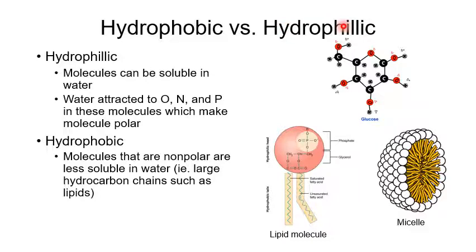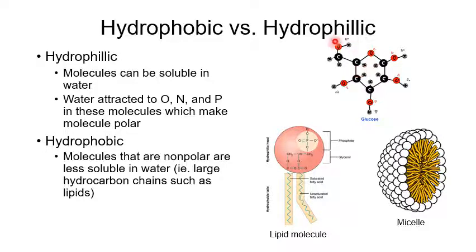Remember, water is a polar molecule because there is a negative charge at the oxygen and a more positive charge at the two hydrogens. So hydrophilic. This shows you that polar molecules like other polar molecules.